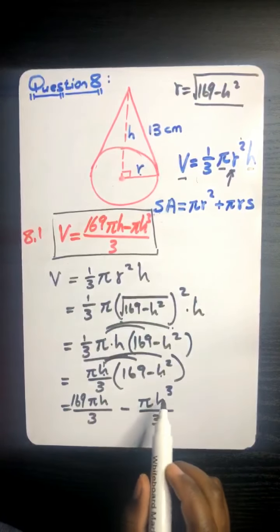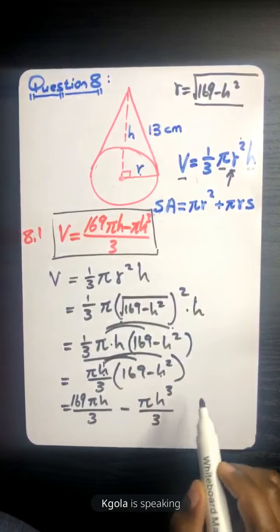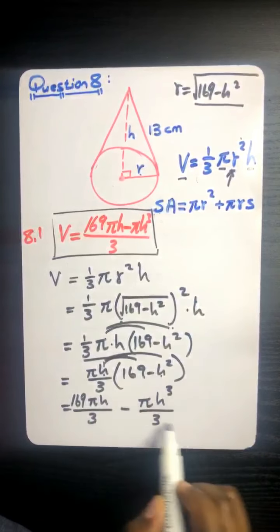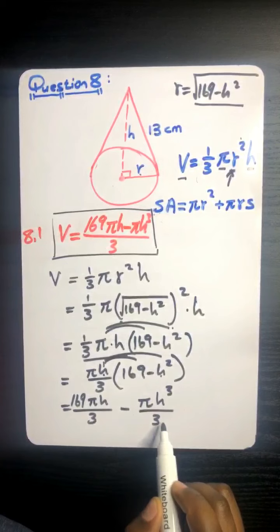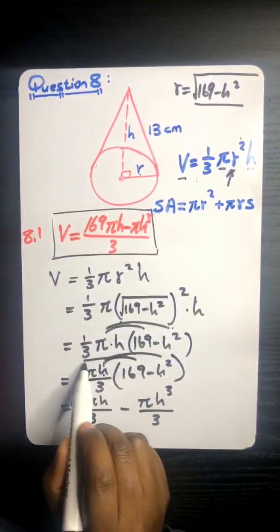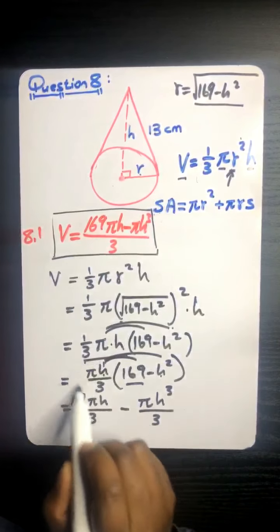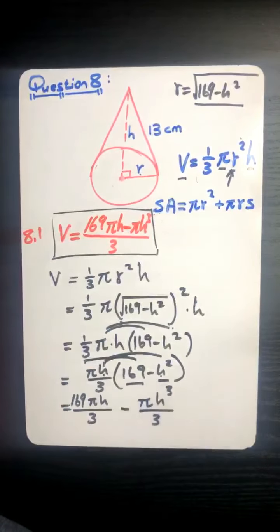Which part of that, the last step? No, actually, on the last step, we are multiplying this thing by that term inside, and the same thing by that in there.